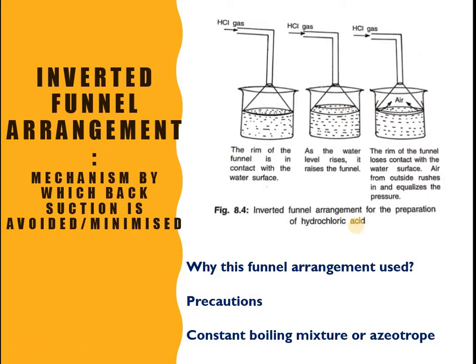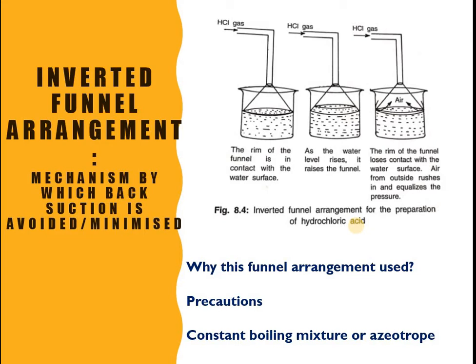Now, the mechanism by which this back suction is avoided. First is funnel arrangement. This funnel arrangement prevents or minimizes the back suction of water, and provides a large surface area for absorption of hydrogen chloride gas. Now, why is this funnel arrangement used?